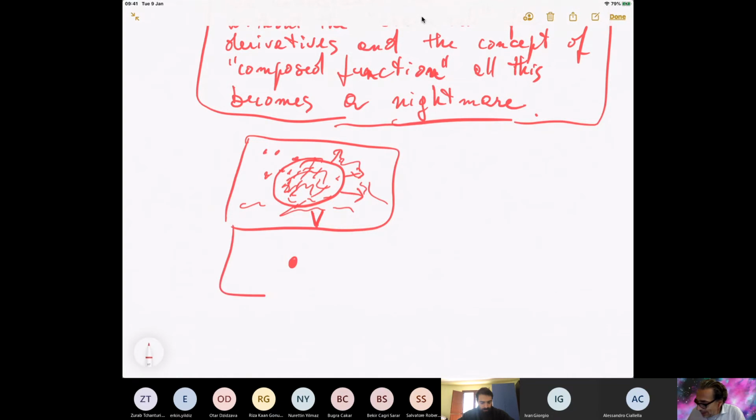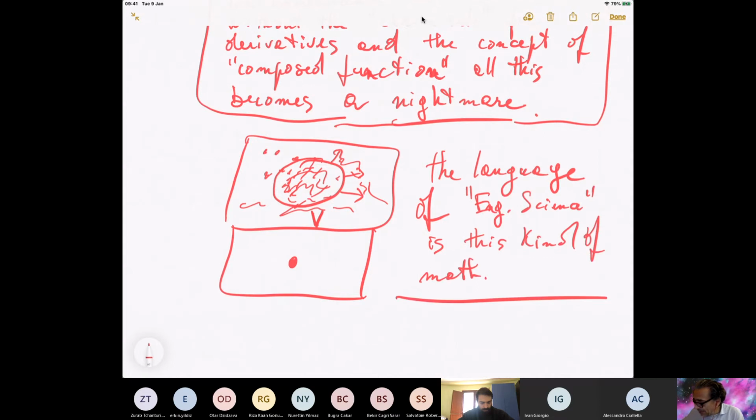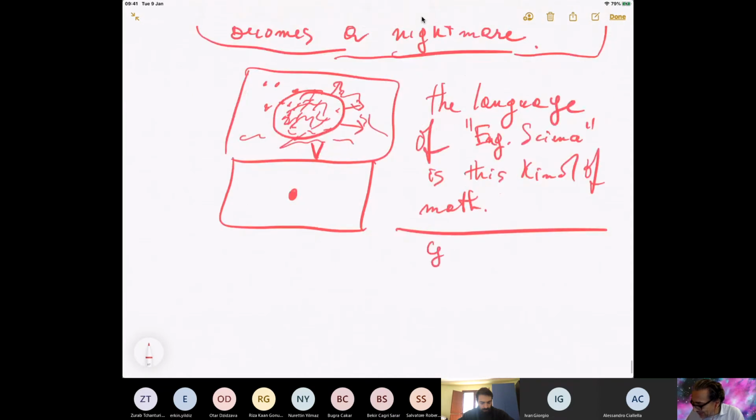So the language of engineering science is this kind of mathematics. By the way, this is a rephrasing of Galileo's statement about physics.